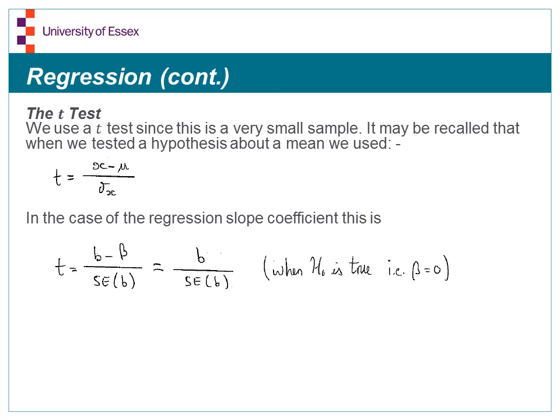We're going to do b, our estimate, minus beta, the theoretical value that we're trying to compare against, and then divide by the standard error of b. We don't know what beta is, but our null hypothesis is that beta is equal to 0, and so we can remove that from the model effectively, and the value we want to calculate to test against is just b over the standard error of b.